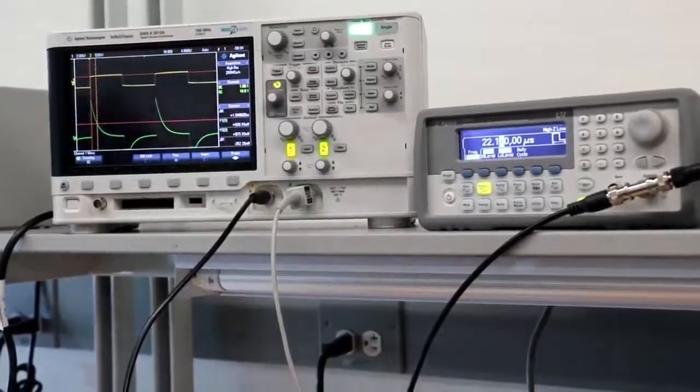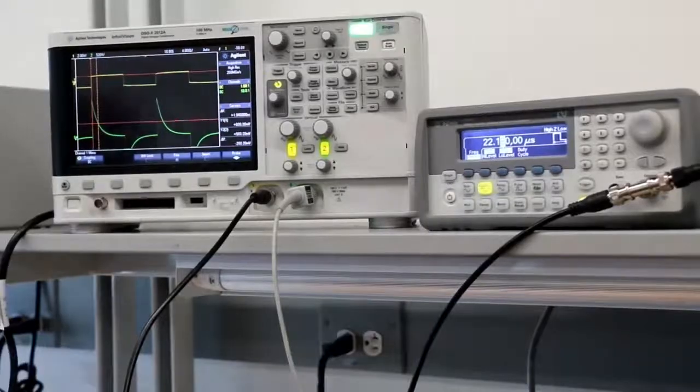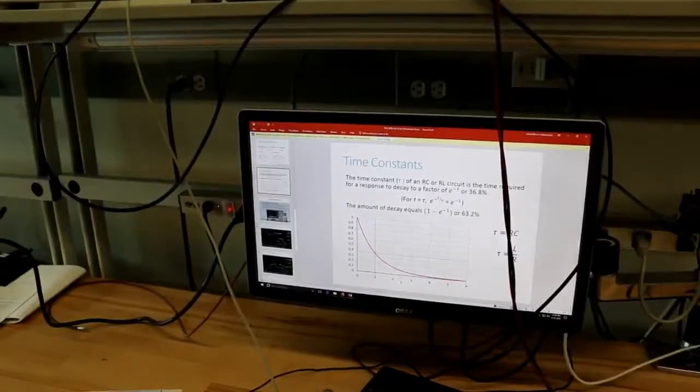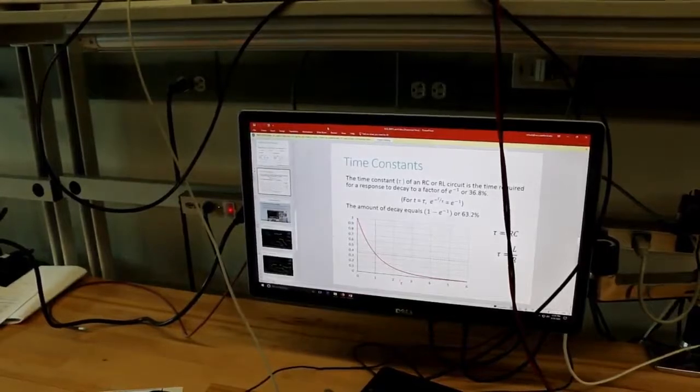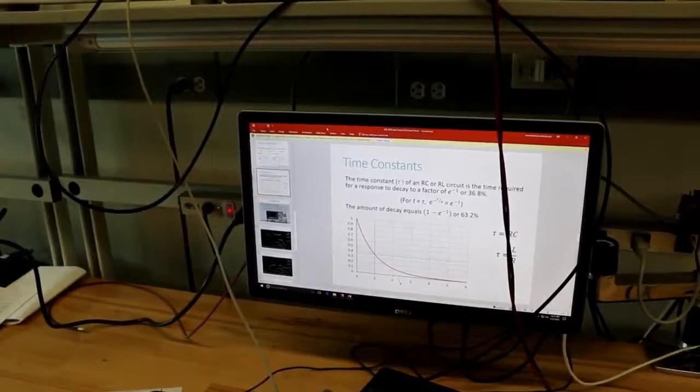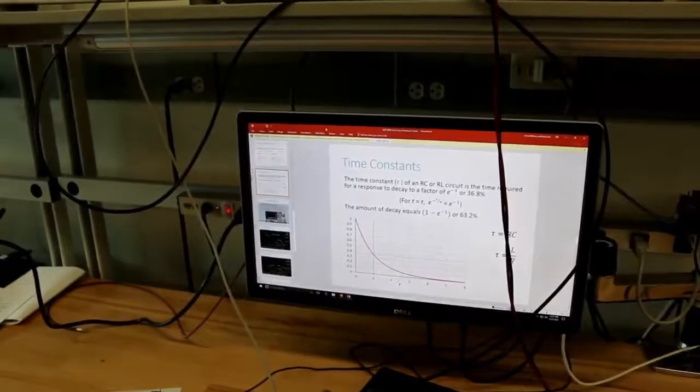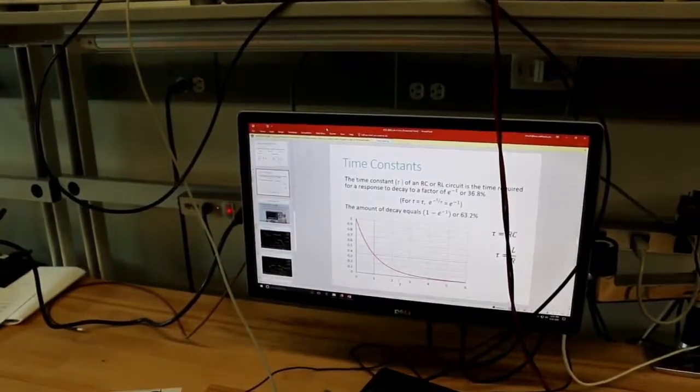Now for the time constant: the time constant is the time required for a response to decay to a factor of e to the minus 1, or 36.8%. So the amount of decay equals 1 minus e to the minus 1, which is 63.2%.